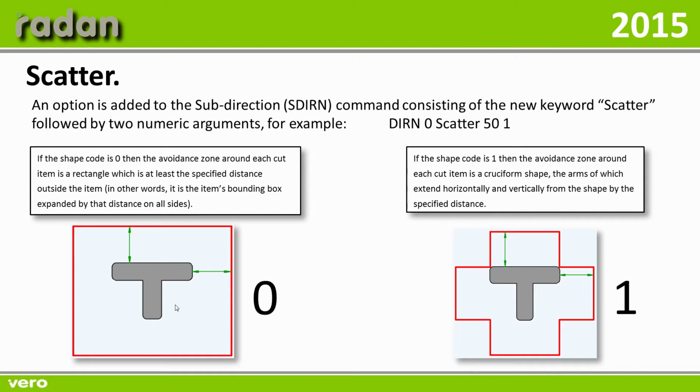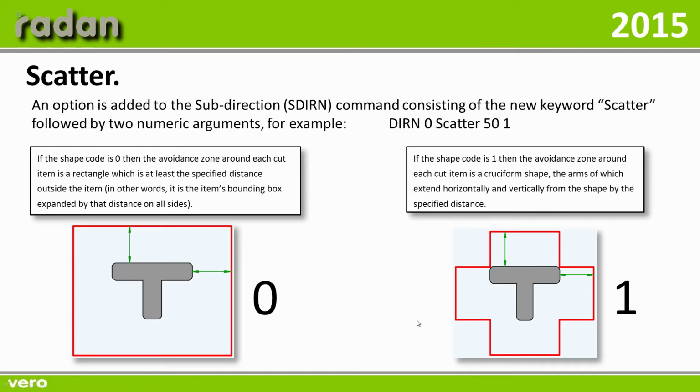In other words, it is the item's bounding box expanded by the distance on all sides. Now, if the shape code is 1, then the avoidance zone around each cut item is a cruciform shape, the arms of which extend horizontally and vertically from the shape by the specified distance.